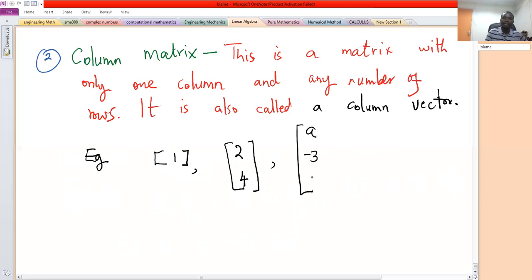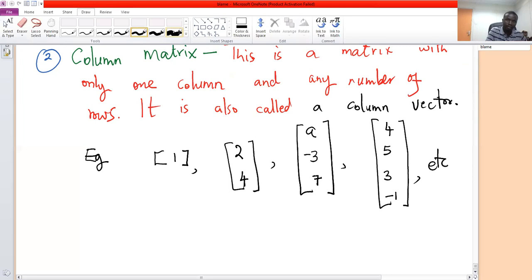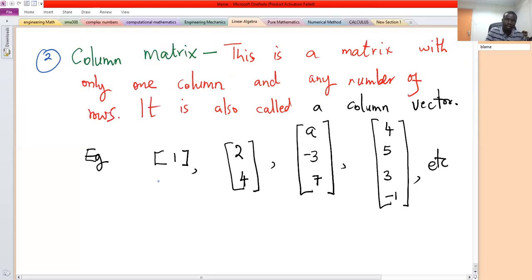Minus 3, 7 is another example. 4, 5, 3, minus 1 is another example, etc. If you are to specify the order, this is 1 by 1, this one is 2 by 1, this one is 3 by 1, this one is 4 by 1.